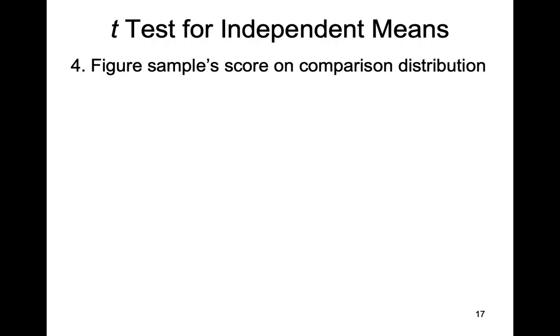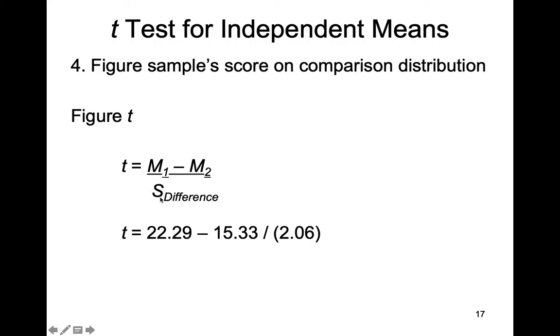All right, so next thing we need to do is figure out our sample score on the comparison distribution. So to figure out that t, we're going to use our t formula for independent means, which is to take the difference between mean 1 and mean 2, and then evaluate that over the standard error of the difference. So mean 1 was associated with population 1, which we had arbitrarily said was boys.